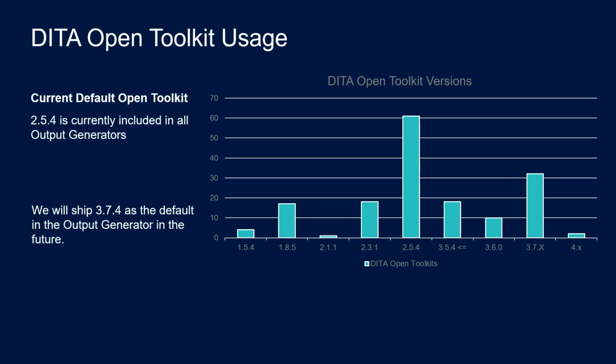Of our clients, here's the distribution of usage of open toolkits, right? We still have people using 1.5.4, a whole bunch of them using 1.8.5. 2.5.4 is out of the box our main one, though we will be migrating over to 3.7.4.